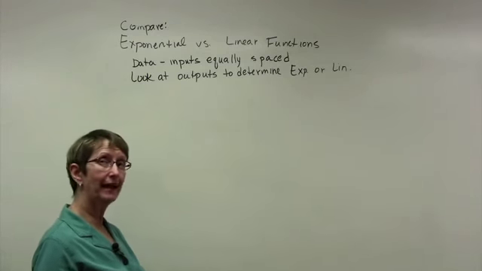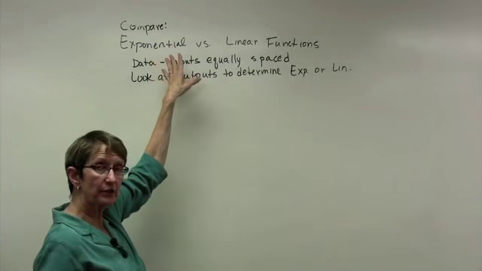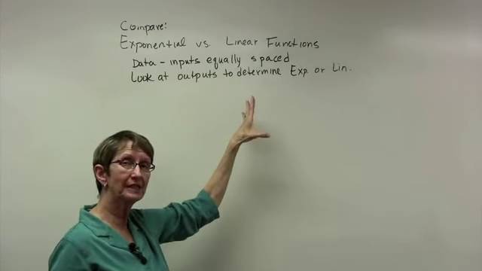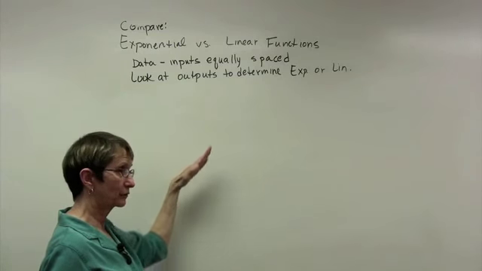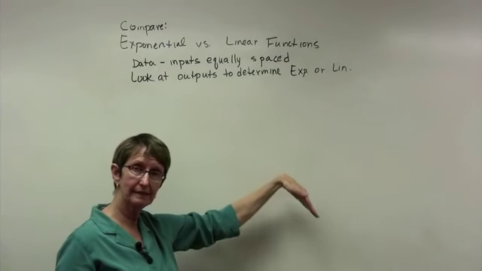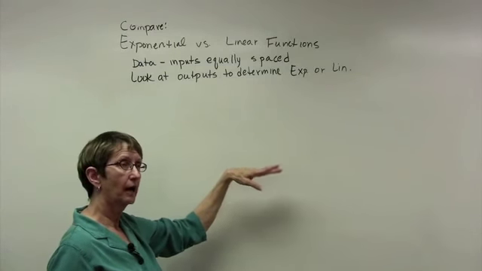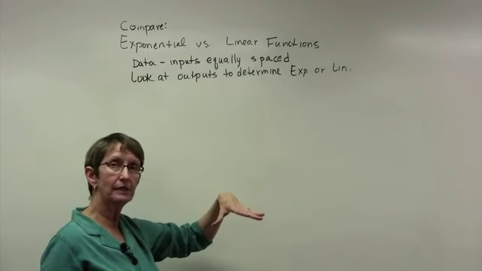We want to compare exponential functions versus linear functions, because both of those functions can either increase or decrease. Linear can also be horizontal, but they don't have ups and downs.